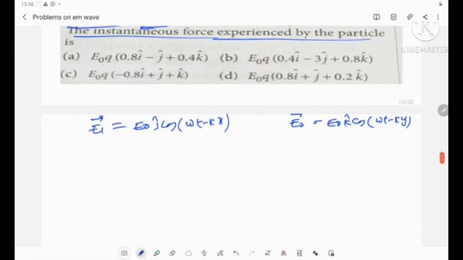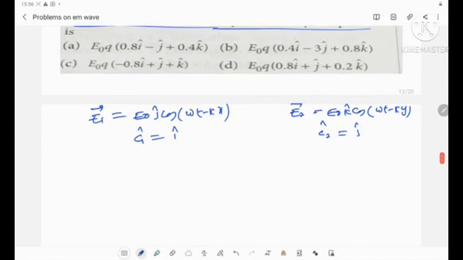These are the two electric fields. Due to this electric field, the wave is propagated along plus kx, meaning I cap. In this field, omega t minus ky, therefore this is j cap.